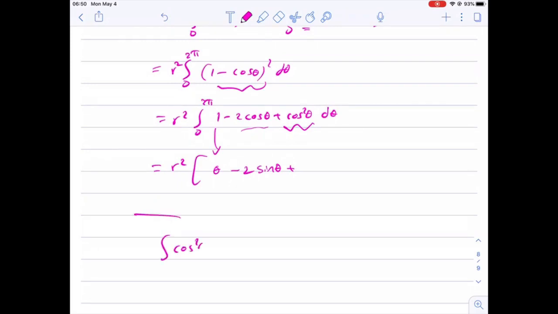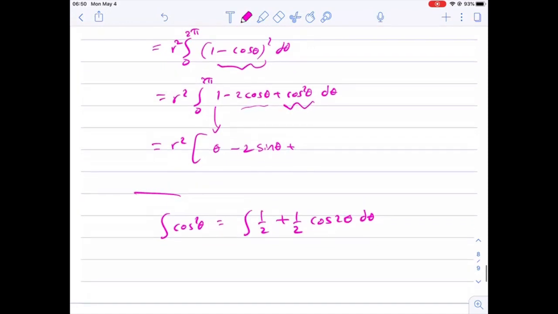Now let's find it here. The integral of cosine squared theta is the integral of 1/2 plus 1/2 cosine 2 theta. We can write it this way because for cosine squared theta we have two main identities. One is 1 minus sine squared theta, and this is used if we have another term or another function multiplied by the cosine squared.